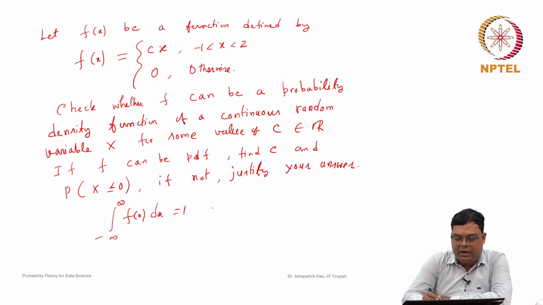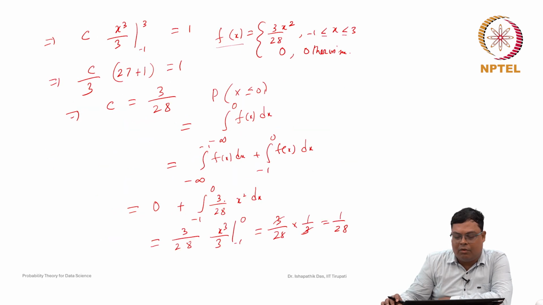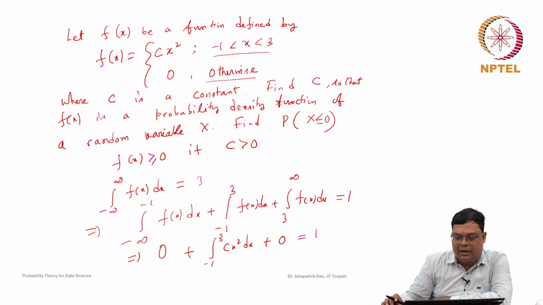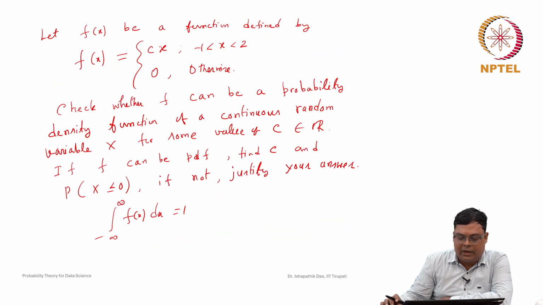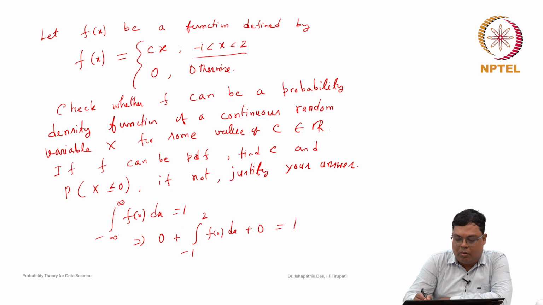Earlier we broke the whole interval, but f is 0 outside the range of this random variable, so we only integrate where it is non-zero and skip those steps. So, this is the integral from -1 to 2 of f(x) dx plus 0, which should equal 1. From here we can find the constant c.